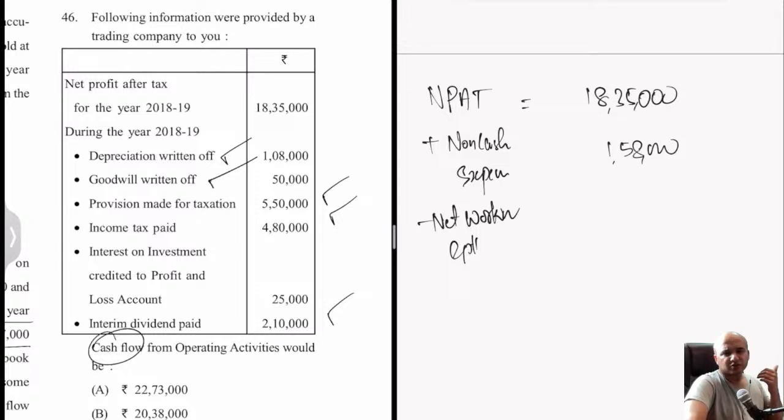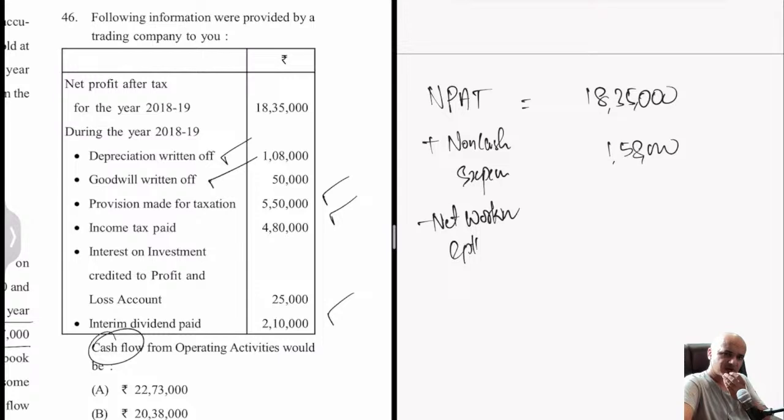Depreciation we have considered, goodwill we have considered and added back. Provision for taxation we will consider now because it affects the working capital changes. Then what else is there? Interest is there. Let it be. We'll see if it will affect or not.